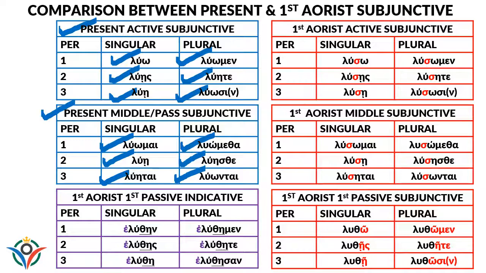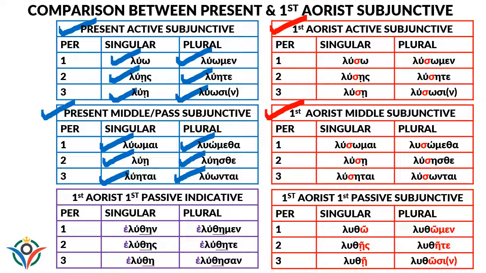So now when we move over to the first aorist active subjunctive and the first aorist middle subjunctive, you will notice right away that the endings are exactly the same because they both take primary endings.